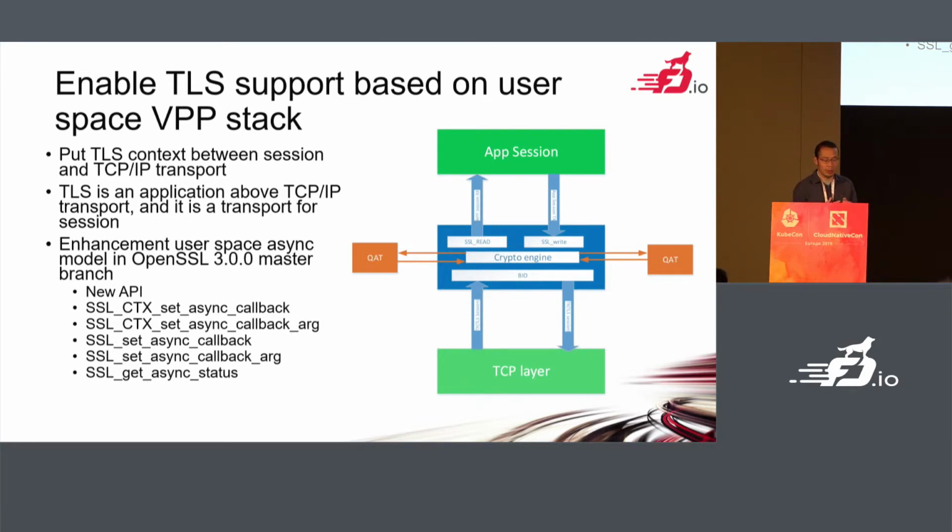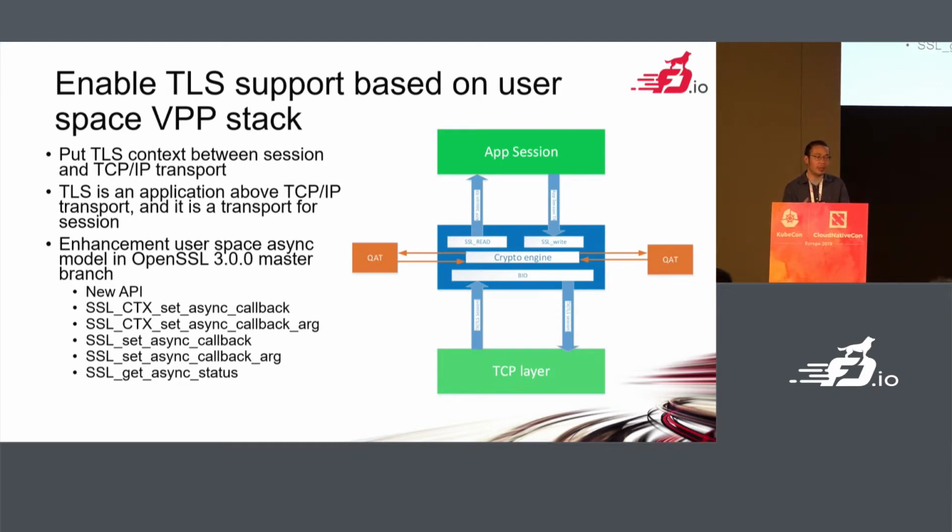So we worked with the OpenSSL community to provide a user space-based solution to make the application talk with the engine transparently by introducing some new APIs, such as set async callback and get async status, so that VPP can use a callback mechanism to get everything from the hardware without any interaction with the kernel.